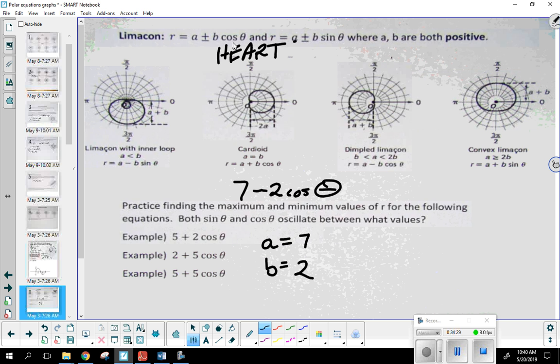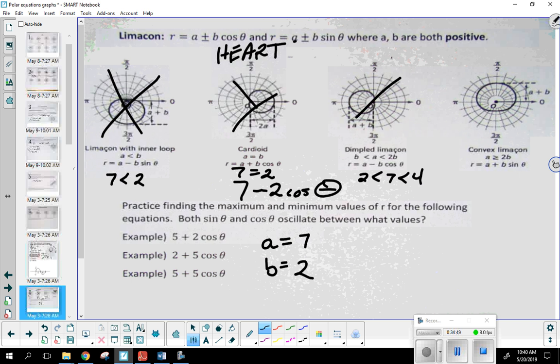Is 7 less than 2? No, so this would not be an inner loop limaçon. Does 7 equal 2? Nope. Now let's fill this one in. 2 is less than 7, so it's looking good so far, but is it less than 2b, 4? No. So by process of elimination, it has to be a convex.